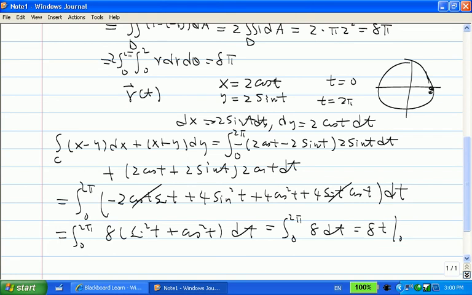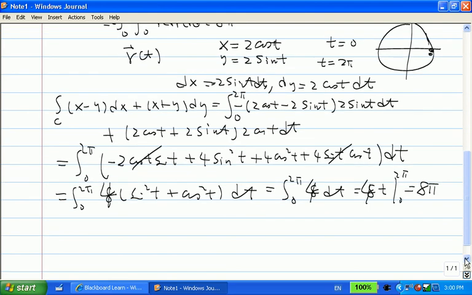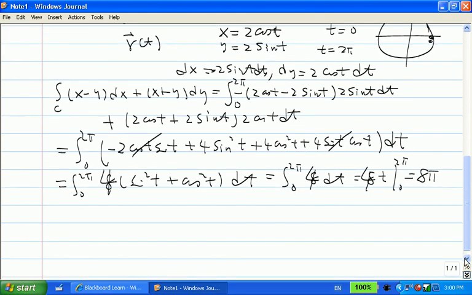Wait, that gives you 4, sorry. 4 here, 4 here, 2 pi. Okay. So replace t by 2 pi, minus 0, gives you 8 pi, which is the same as what we had before. Okay, this is just to verify the Green theorem is right.